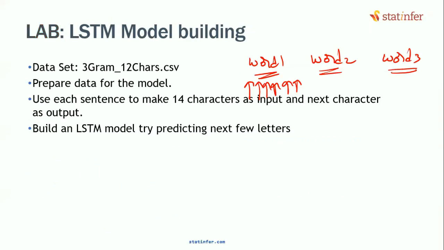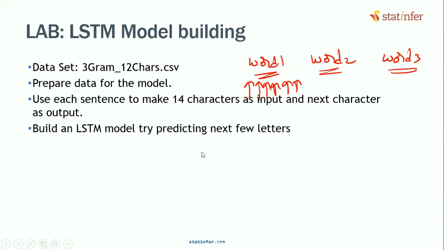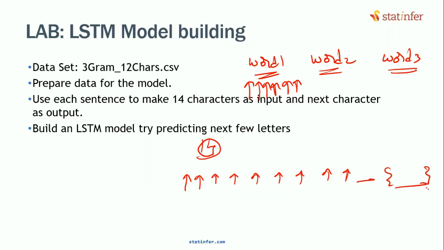Here is an example. In this example, we are specifically taking 14 characters as input, though they are two words only, but we are taking 14 characters as input, character by character level, and then after a space we need to predict the next few characters that will form a word.